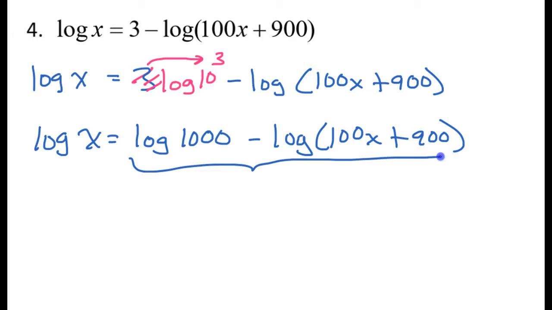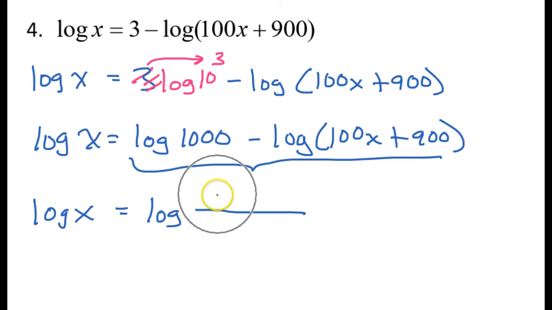So now I can use the quotient rule, which says that if you have a log minus a log, you can condense this down to a single log using division. So this will be the same thing as log of 1,000 divided by 100x plus 900.